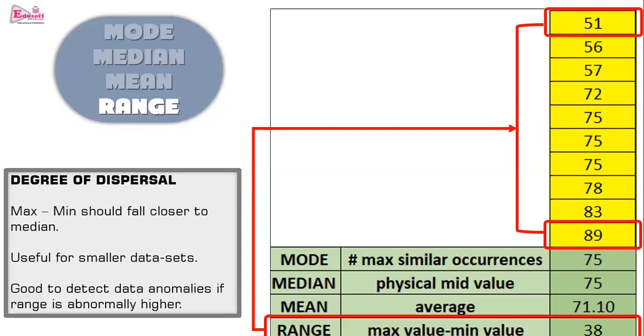So these kinds of anomalies can be detected with the help of range. So mode, median, mean, and range have their own advantages which help you to deal with the data set and to configure or optimize the data set for artificial intelligence algorithms.